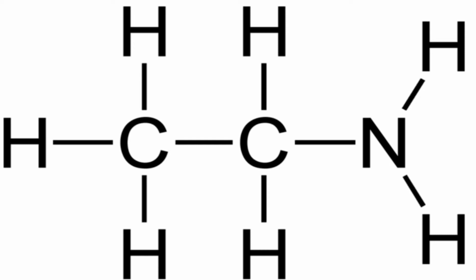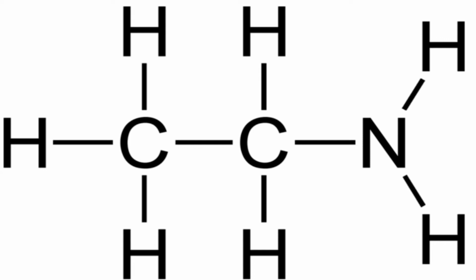Now, before I count, I determine the number of sigma and pi bonds. A single bond means 1 sigma bond, 0 pi bonds. A double bond, 1 sigma bond and 1 pi bond. A triple bond means 1 sigma bond and 2 pi bonds.